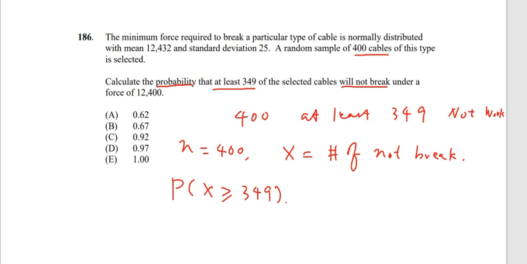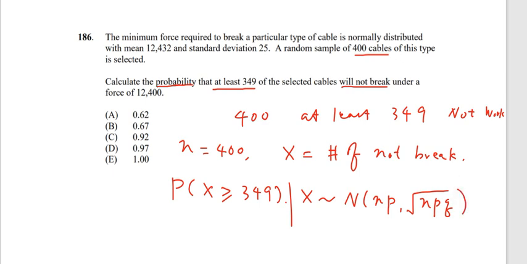So this is a binomial distribution, and because n is too big, like 400, we should use the normal distribution. Yeah, so use normal approximation. So this X originally comes from the binomial, but we can say it's close to a normal distribution. So the mean is np, and the variance is npq.